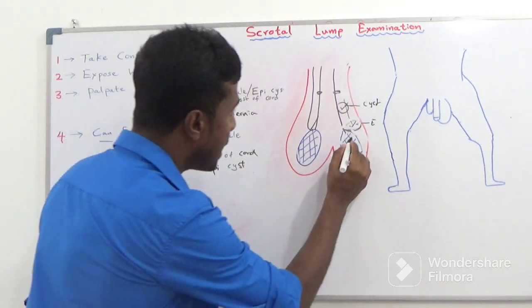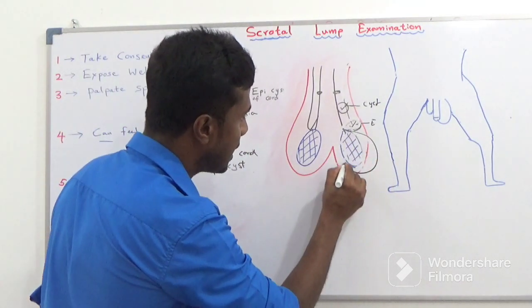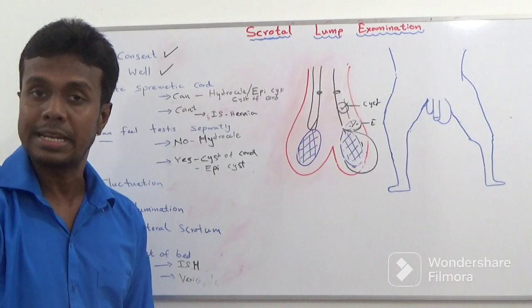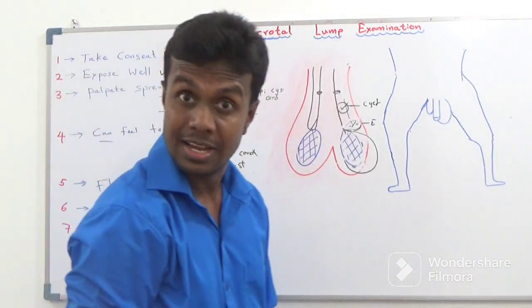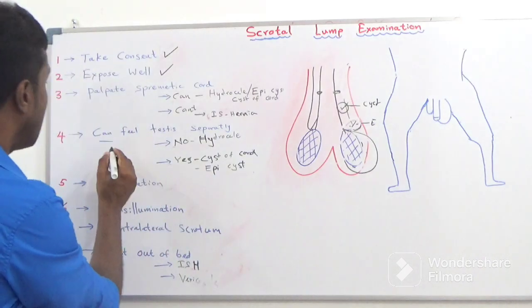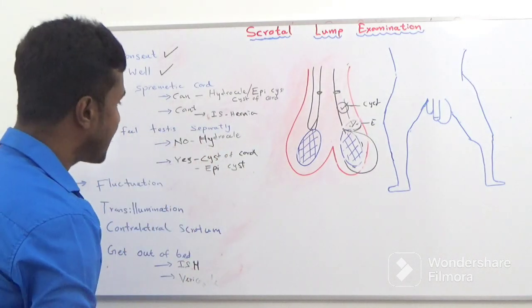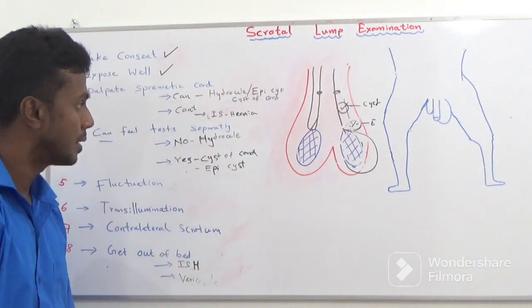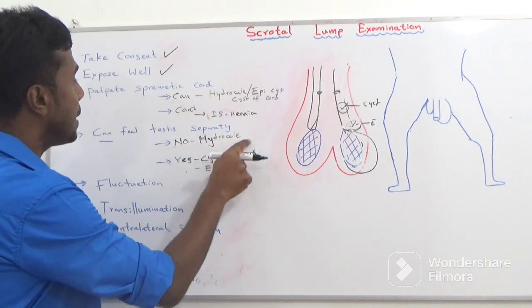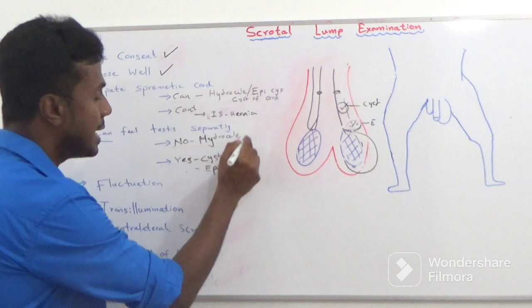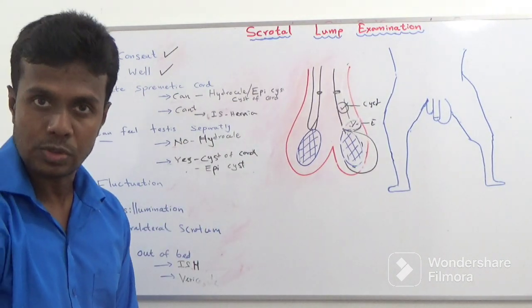If you can't palpate the testis separately, the lump is here. That is a hydrocele. So, if you can palpate the testis separately, that is a cyst of the cord or an epididymal cyst. If you can't, that is a hydrocele.